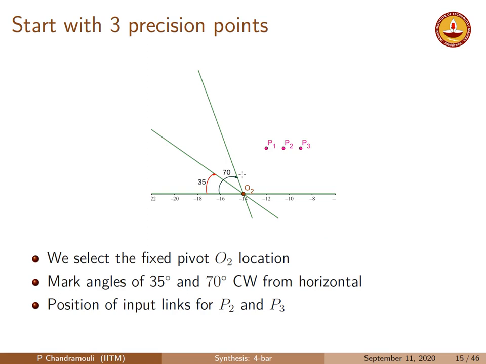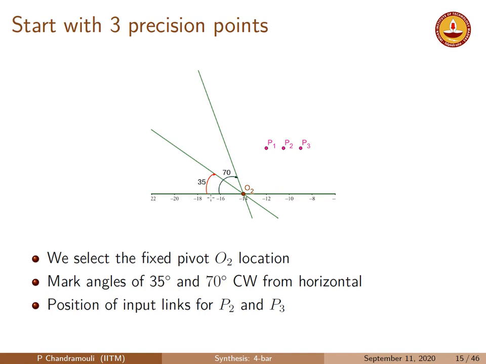So here I have P1, P2, P3, which is supposedly on a straight line. Now let's say that the crank angle position here is 180 degrees, depending on where I measure the angle from.